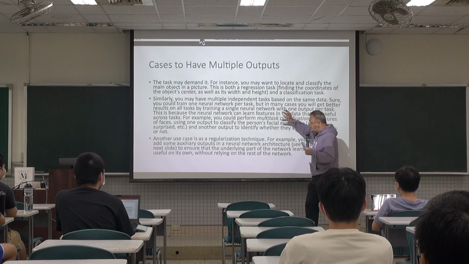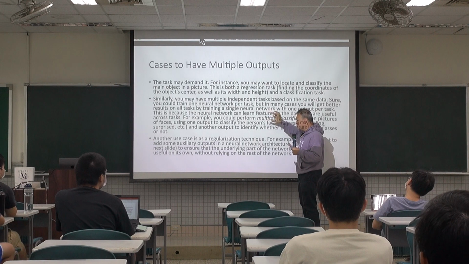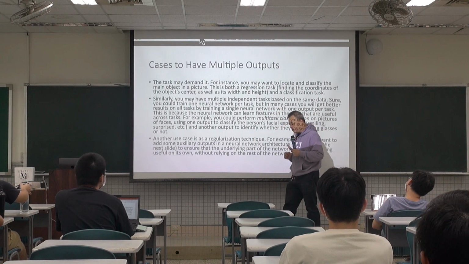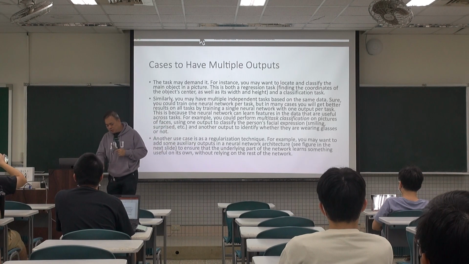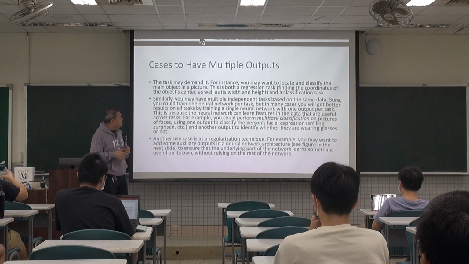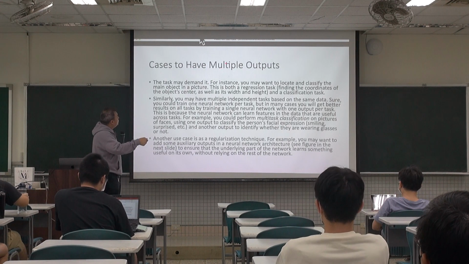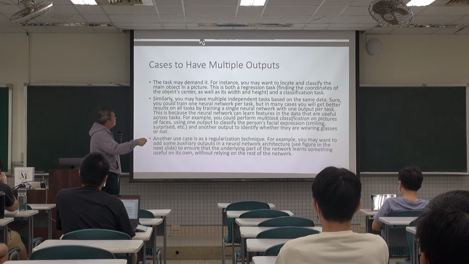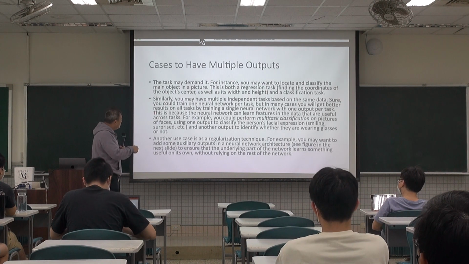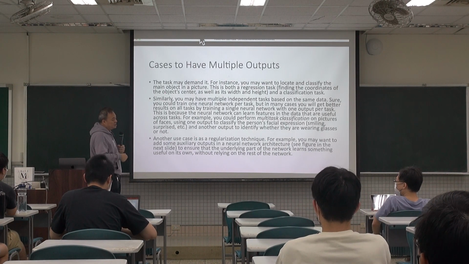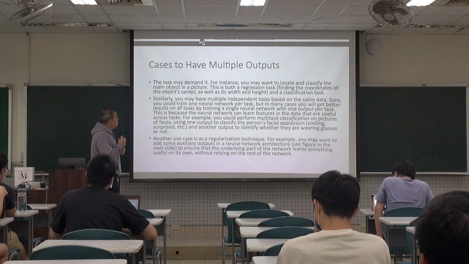You could create two models, one for each task, but running this is going to take a longer time. So you can just create one model and have multiple outputs. This is one reason for a model to have multiple outputs.